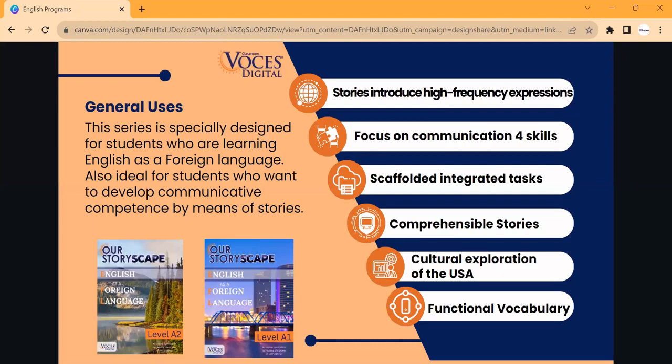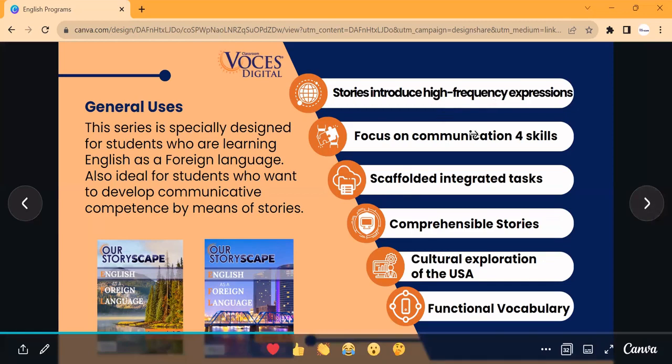What are the general uses of this series? As I said before, this series is specifically designed for students who are learning English as a foreign language. It is also ideal for students who want to develop communicative competence by means of stories, because Storyscape is a story-based curriculum. Through stories, we introduce high-frequency expressions.